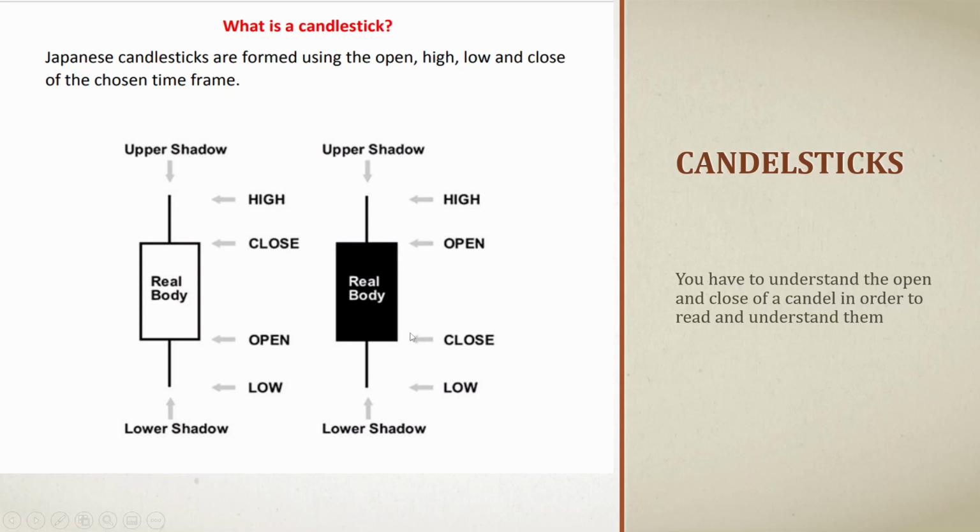That means we have a negative accumulation of coins, and the selling that day was more than the buying. If this was 1,000 euros where it opened, and this was 900, it meant that more people were selling, so the price was cheaper at the end of the day than at the beginning of the day.